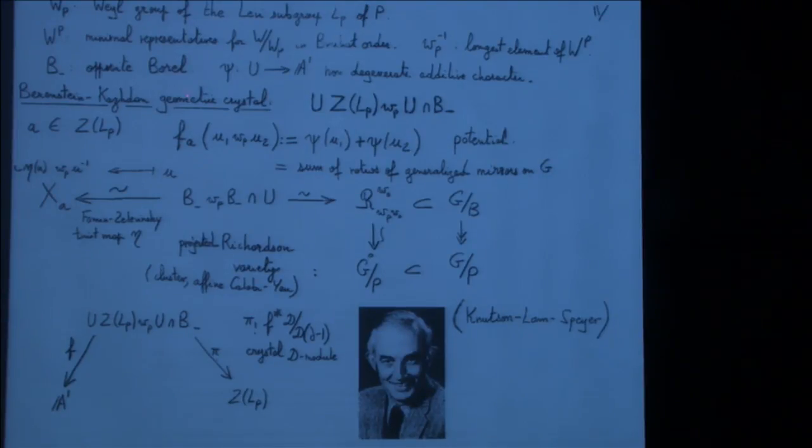You fix the opposite Borel, some additive character, and then you do this kind of intersection. It's a bit like a double Bruhat cell. You take B minus, the opposite Borel, and intersect with a U double cell with this w_P element, whose inverse is the longest element. So a little bit of roots combinatorics, and this double Bruhat cell is the main player here.